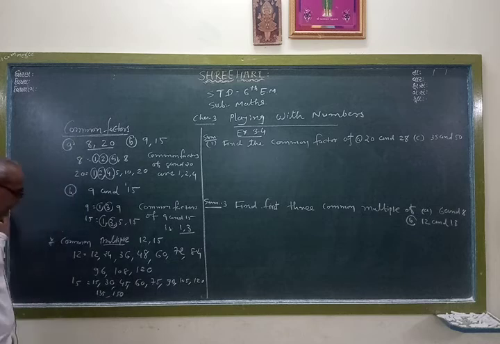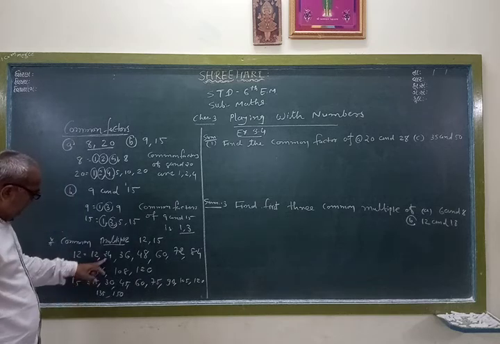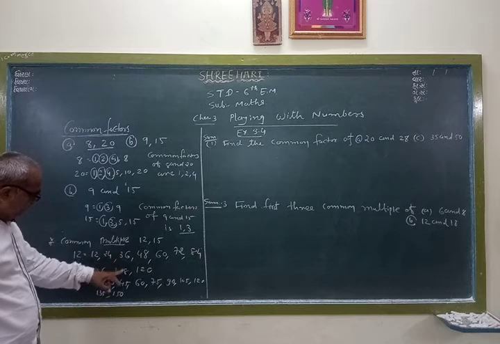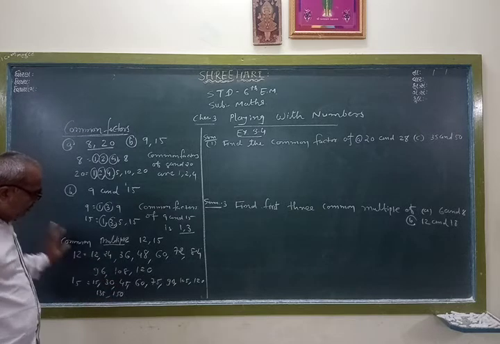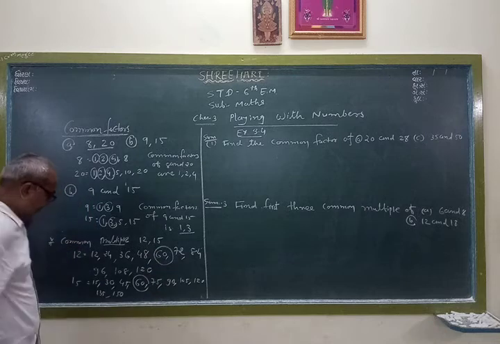But which numbers are the same here? Here 12 but here nothing, here 24 but here nothing, 36 here nothing. Look here, 60 directly, both are the same.